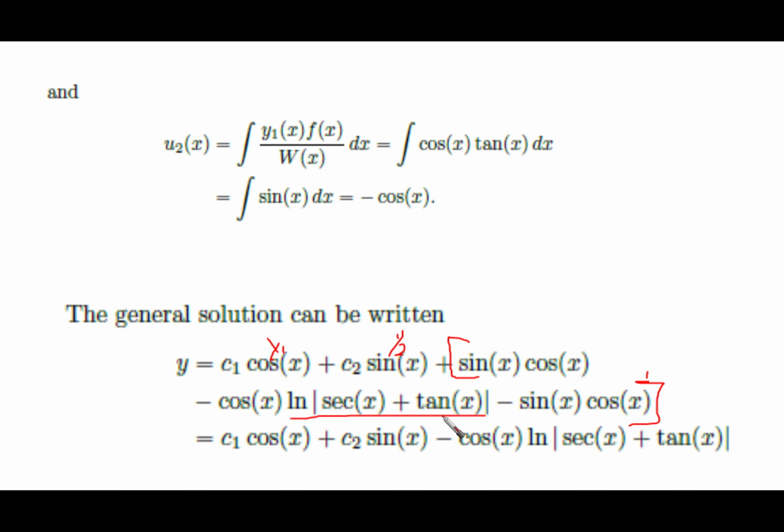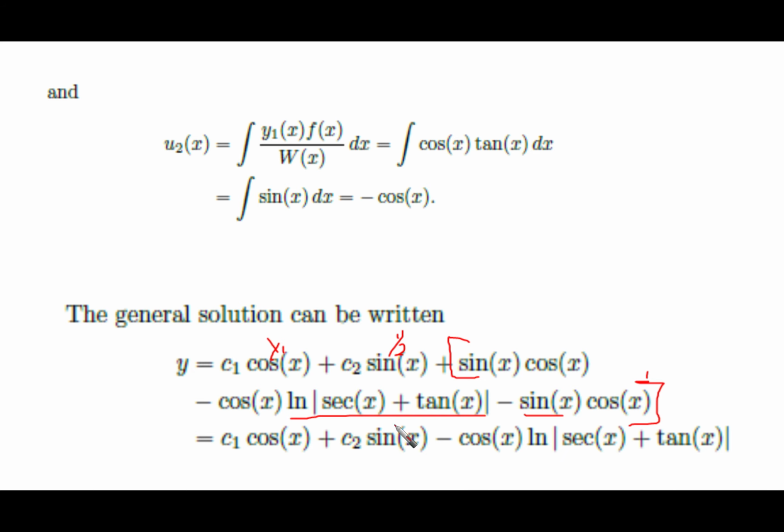This is related to u1, minus sine x cosine x, which is related to y2. So we have y2, which is sine x, and we have cosine x, which is related to u2, minus cosine x, which is related to u2.